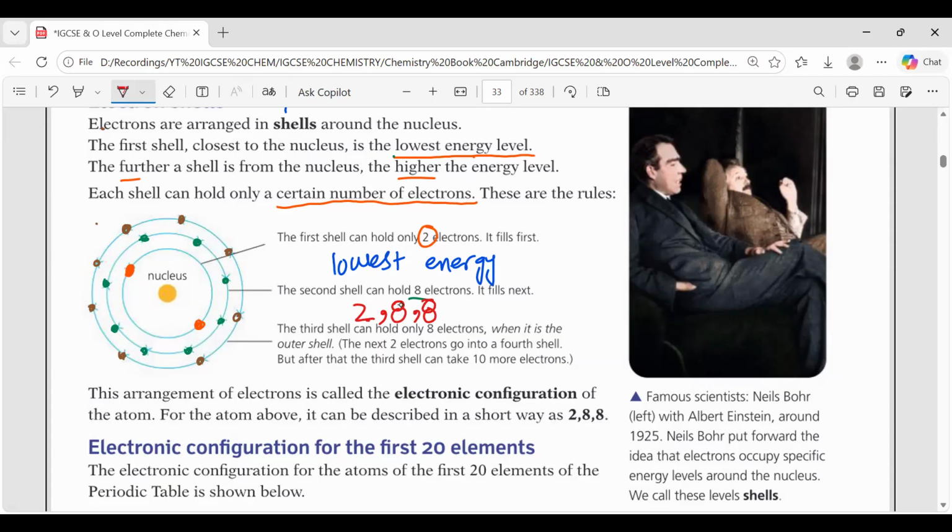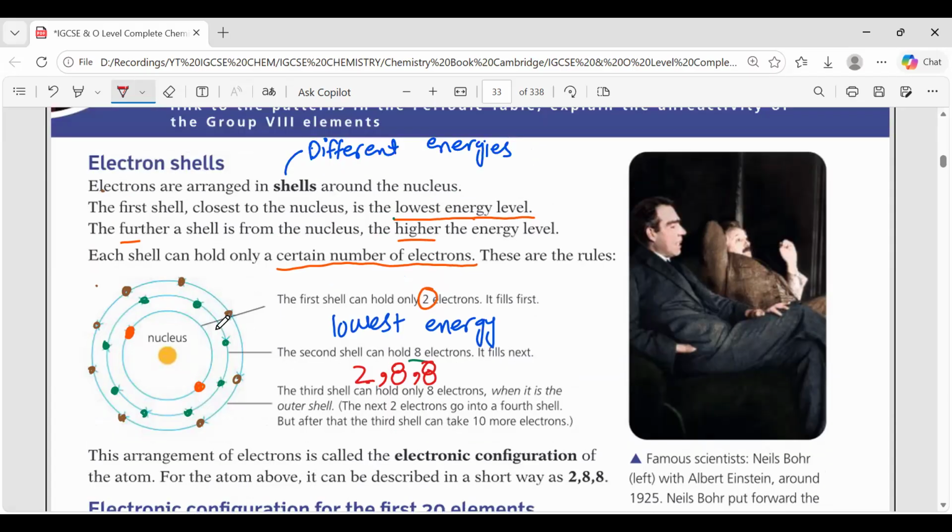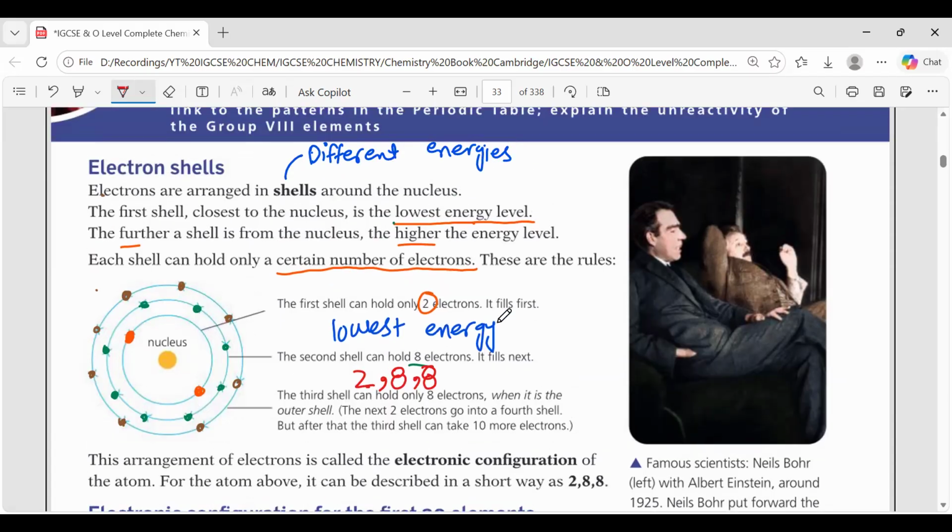Okay, one more thing. As I told you, the energy of each level is fixed. What does it mean? For example, this is the first shell. The energy of this shell is 546 kilojoules. Kelvin is the unit of temperature, so the energy is 546 kilojoule.